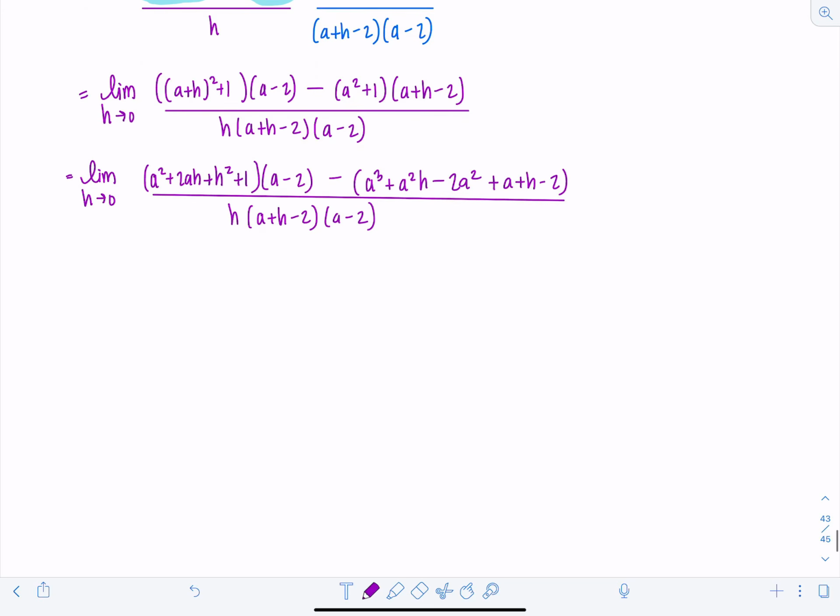Okay, a little more multiplying in the numerator, and then we get to have our little cancel party.